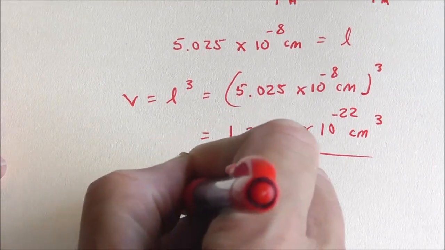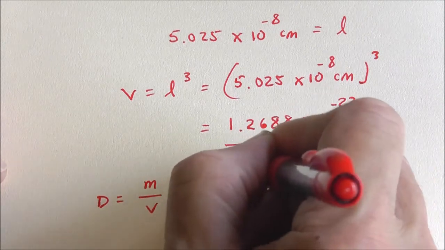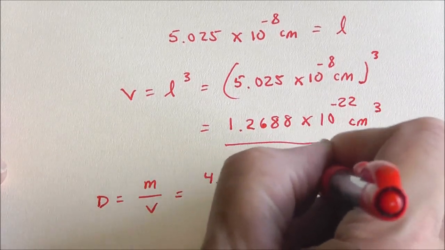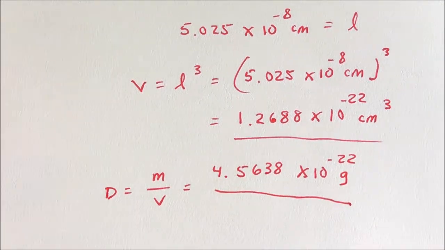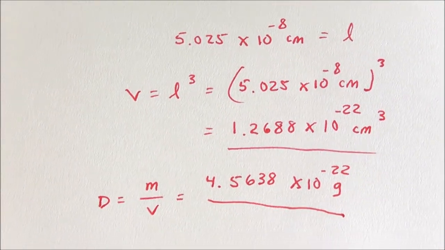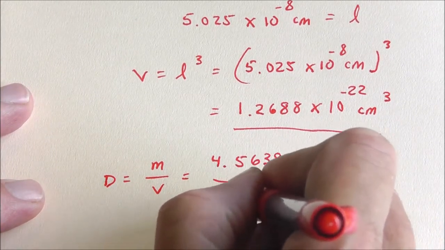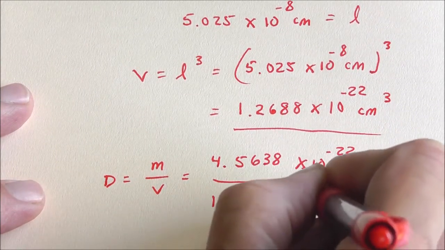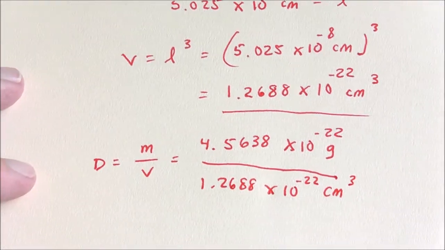D equals m over v. Oh, we're going to get off so easy this time, and I'll show you why. They both end up being the same power of 10. 1.2688 times 10 to the minus 22 centimeters cubed. Let me show you what feels great.